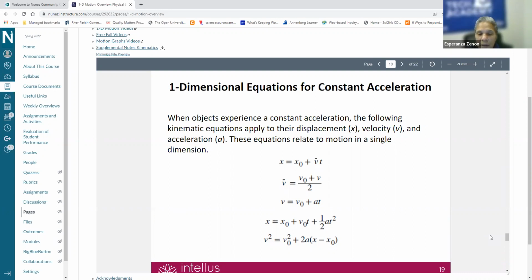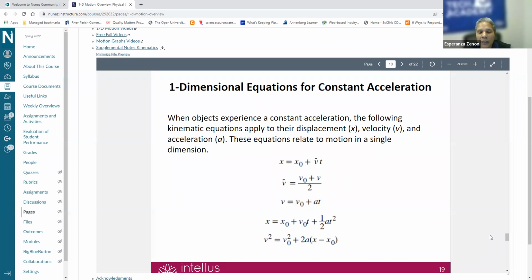And then anytime you see v in an equation, that represents the velocity. Okay, so you see in the second equation, they're finding the average velocity. How do I know it's average? Because it has that little bar symbol over the top of it. And that's equal to the starting velocity plus the final velocity divided by 2. That's how we find the average velocity when the acceleration is constant.